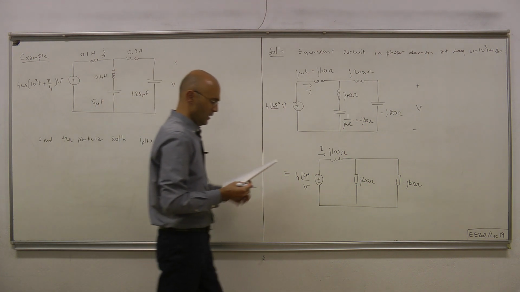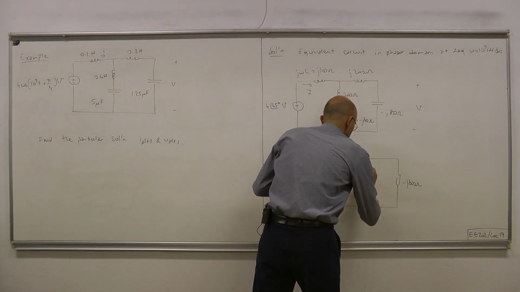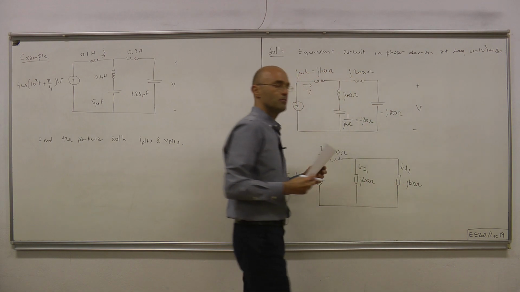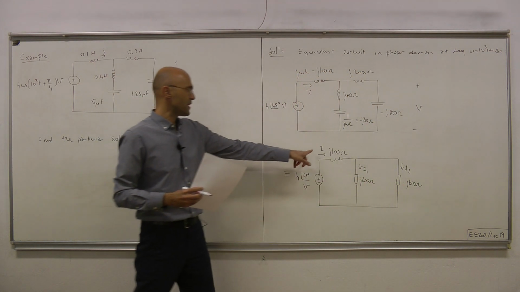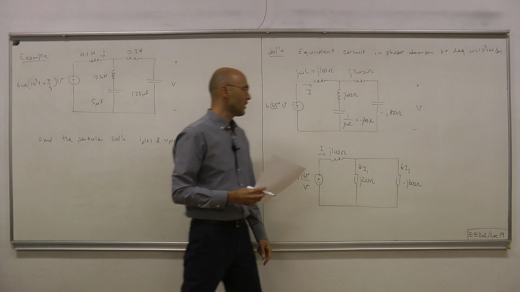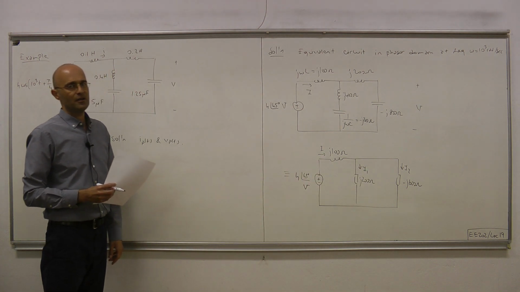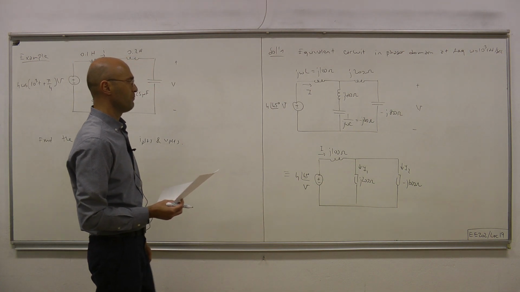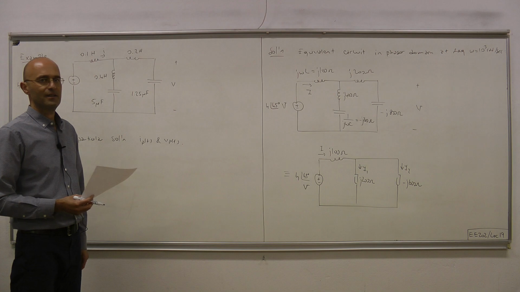Let's call this I1, and let's call this current I2. Once we figure out I, we can simply compute I1 and I2 by current division. We can apply all those techniques that we're familiar with from LTI resistive circuit analysis.